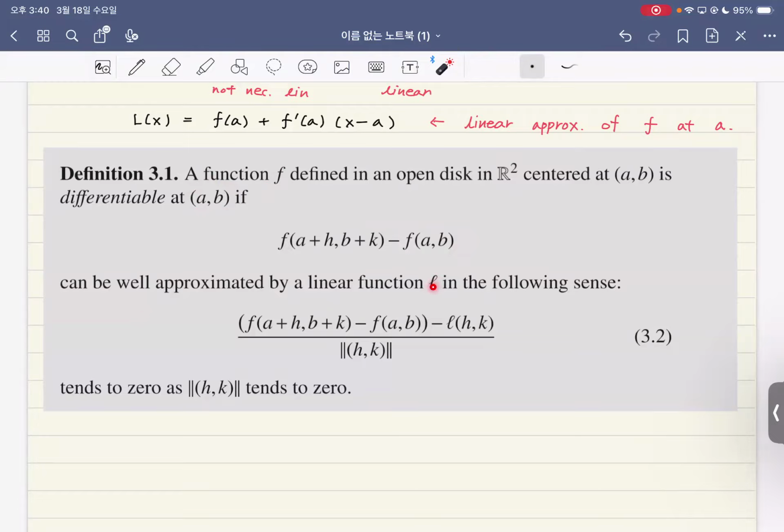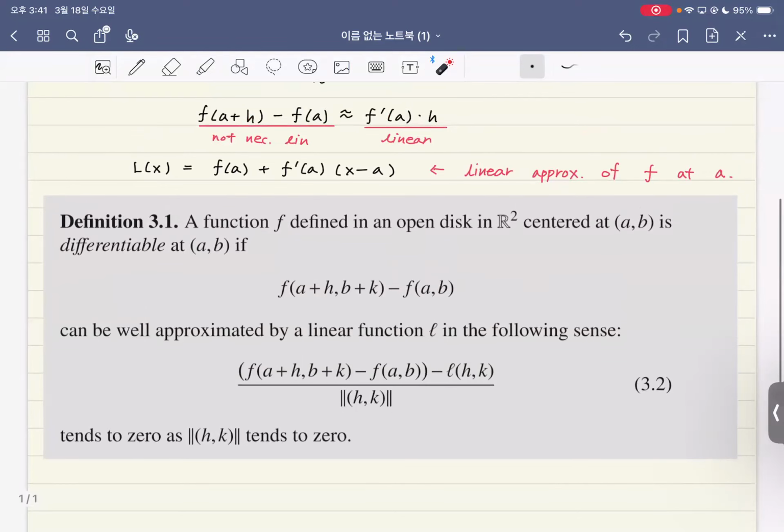So this function f is differentiable if and only if the limit of this expression tends to 0 as the length of the vector (h, k) tends to 0. If you do not know the differentiation of multivariable functions, then this definition might look very complicated.